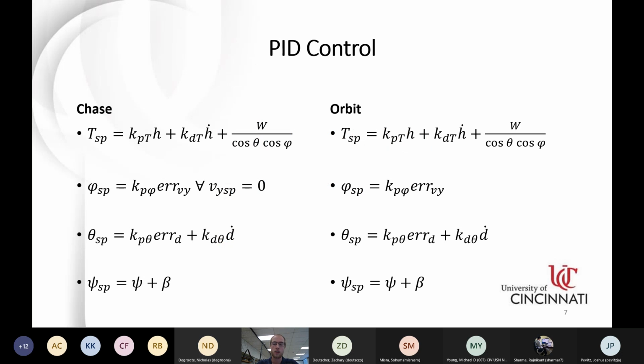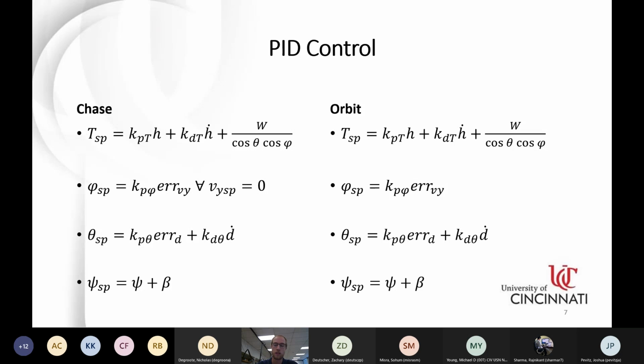Here's the feedback control that we used to maintain our distance and minimize alpha and beta. Our thrust is controlled by that H parameter that we defined. Phi is controlled as we're trying to maintain zero horizontal velocity.